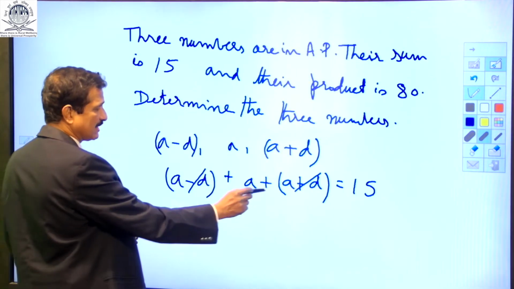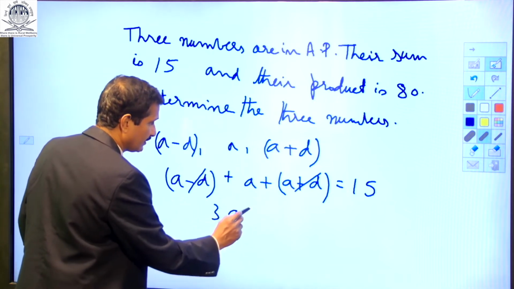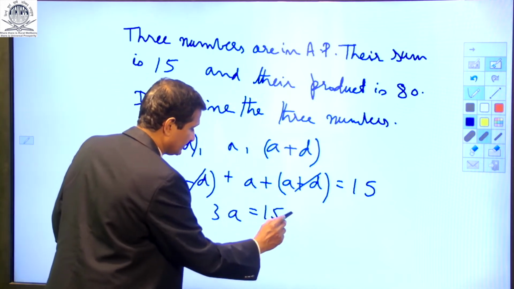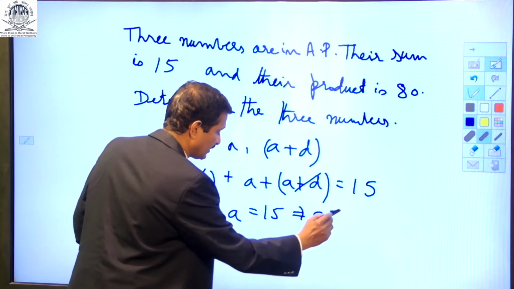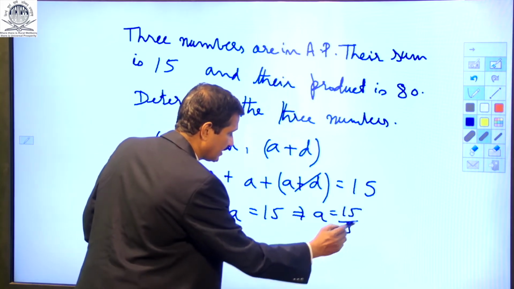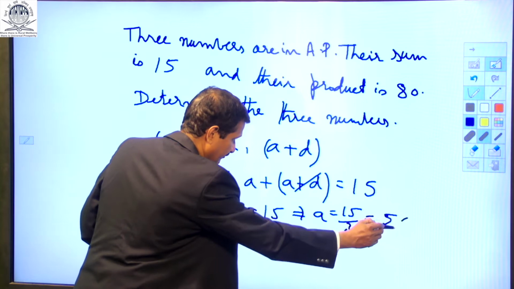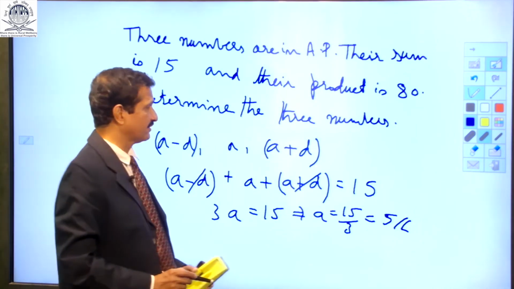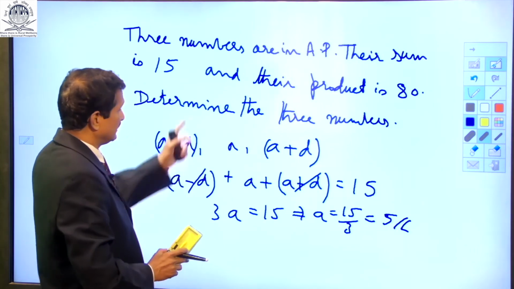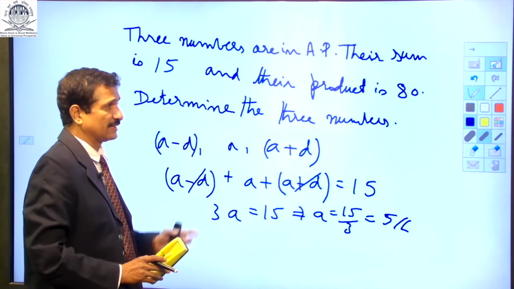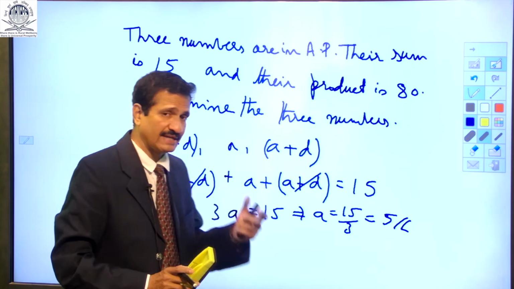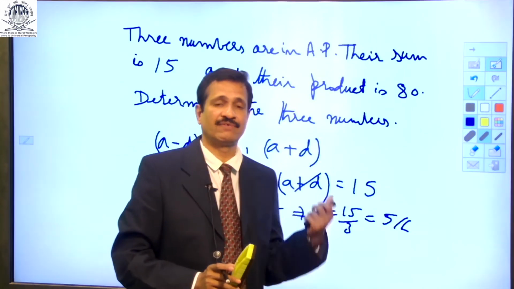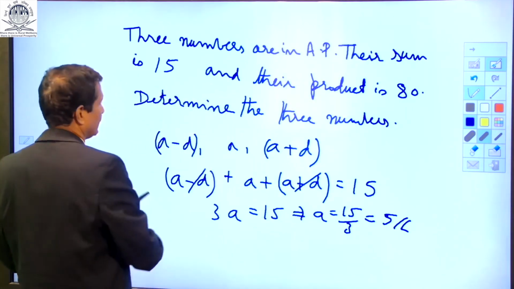You have A plus A plus A, which is 3A, which is equal to 15. This gives me A is equal to 15 by 3, which is 5. So, here the middle term is 5. Now, it is also given to us that the product is 80. To find the numbers, we have to find the common difference D now.